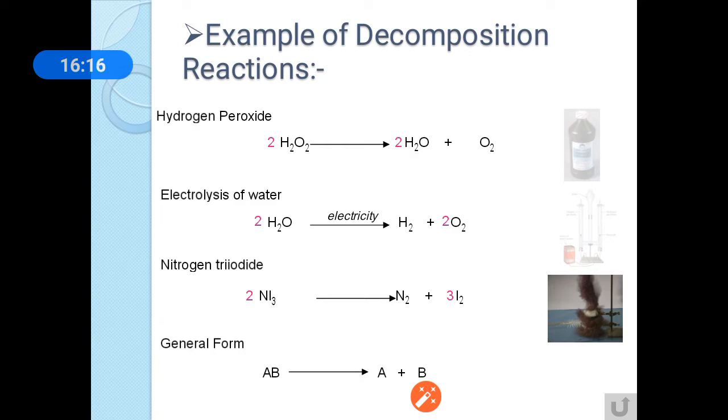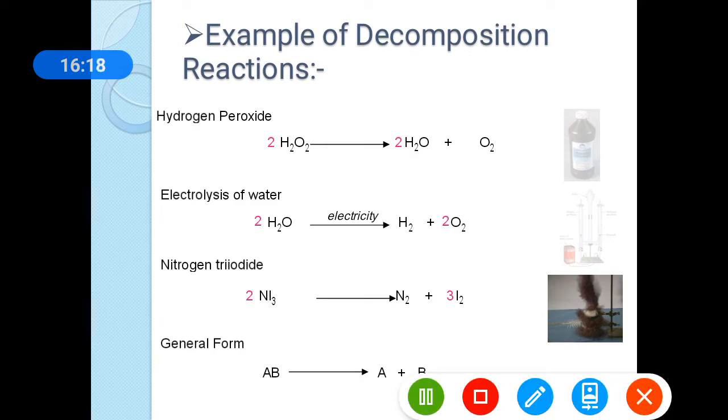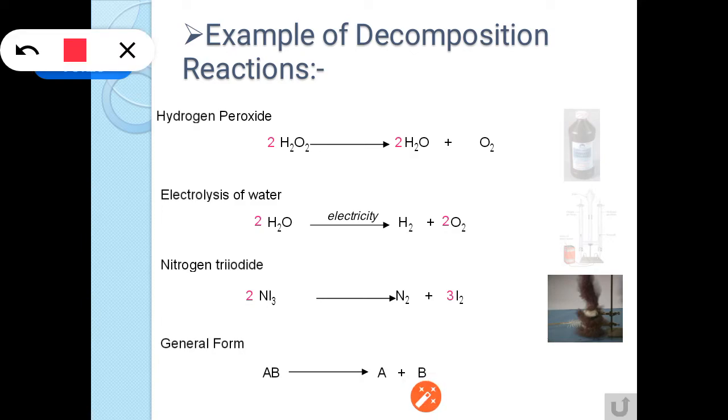So in general form we can say that in a decomposition reaction, for example, a substance having chemical formula AB, a single reactant, will decompose into A and B. There may be more than one product, maybe 2, 3 or 4 components. A single reactant that decomposes into more than one product, that type of reaction is known as a decomposition reaction.